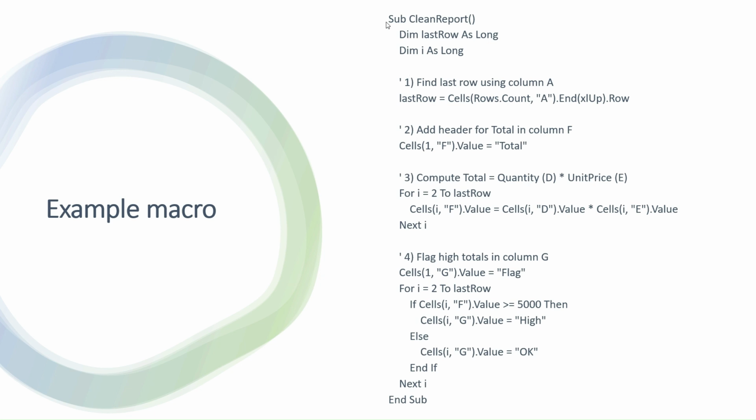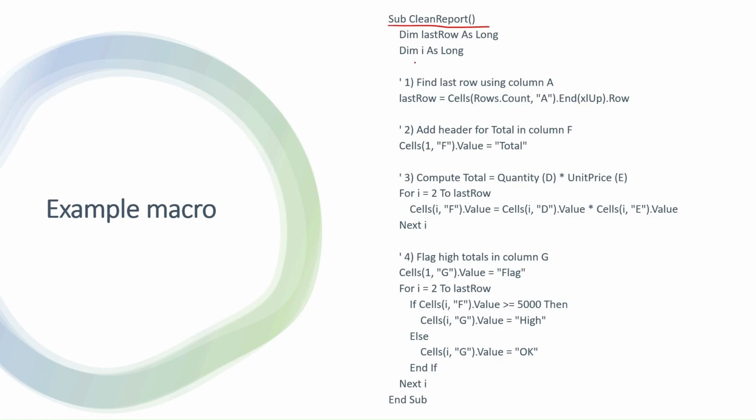So what is all this about? Let's start first of all. You recall that I told you earlier that Sub is a macro that you are running, and End Sub means you end that macro. And this macro will be named as something. So CleanReport is the name of the macro. When you type Sub CleanReport, you are starting a macro named CleanReport.